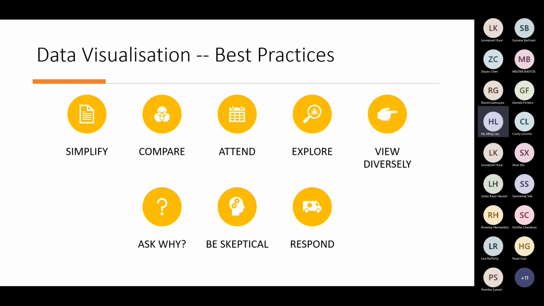The next principle is attend. The tools need to make it easy for us to attend to the data. That's really important. The tool that you are using should allow the visualization to highlight what is really important. Next one is explore. Data visualization tools should let us just look.